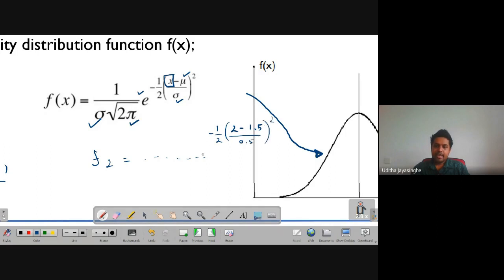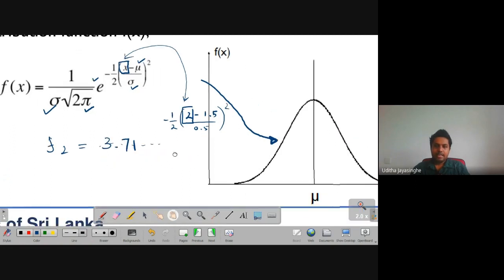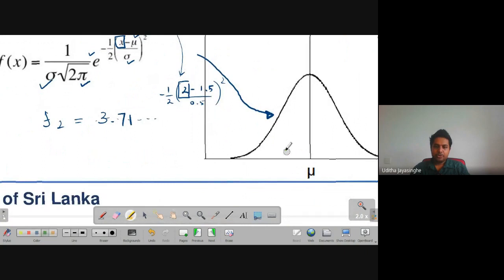Then for this part only you apply the values, and there will be some value, let's say 3.71 or something like that. That is the value that is going to come over here. This is the value 2, and this height is the answer that you just got.